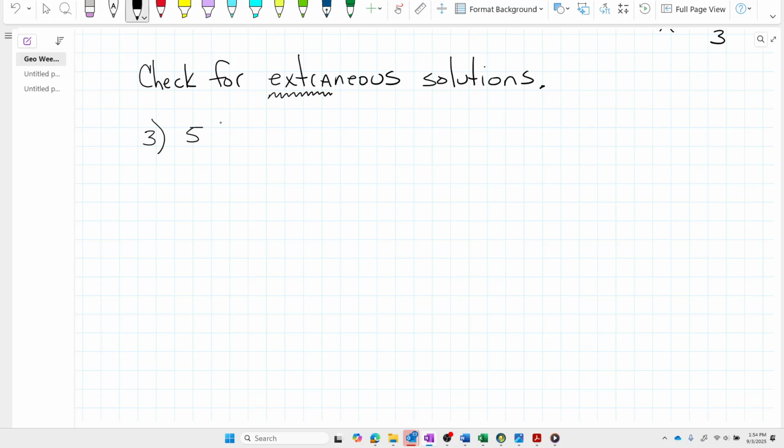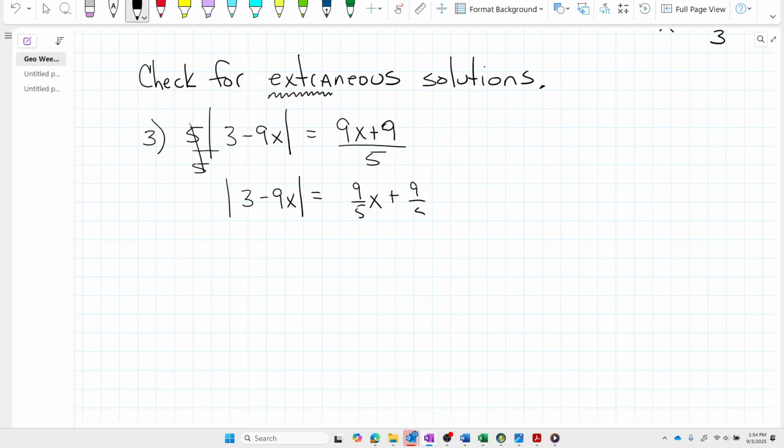So number 3, we got 5 times absolute value of 3 minus 9x equal to 9x plus 9. So we got to divide everything by 5 here. And on this right-hand side, you got to divide everything by 5. So we get the absolute value of 3 minus 9x equal to 9/5 x plus 9/5.